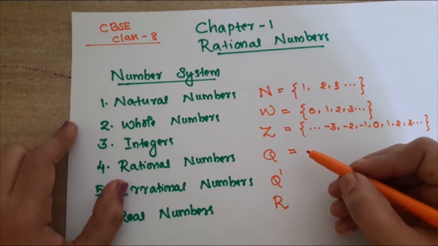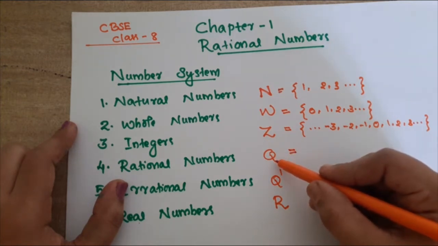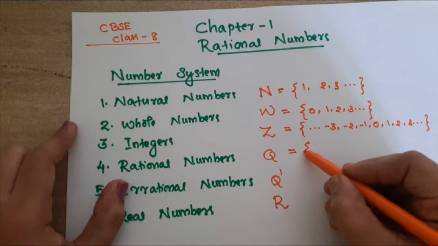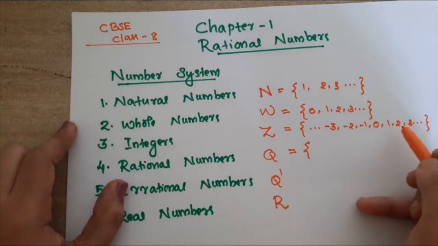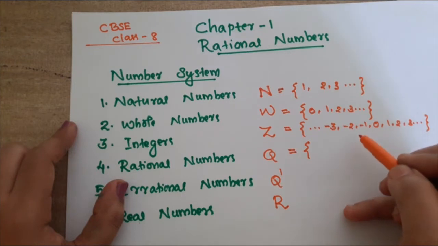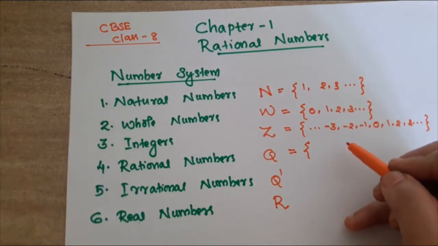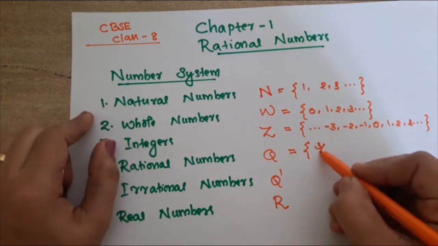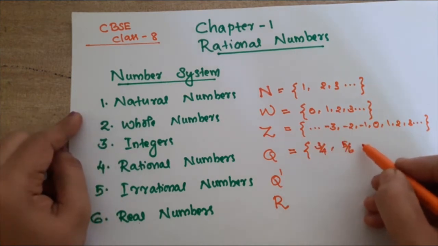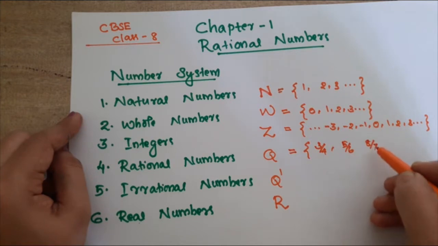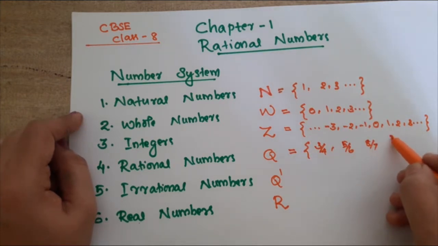Rational number is represented using the letter Q and it consists of all the integers, that is negative numbers, positive numbers and 0, plus fractional numbers also, that is 3 by 4, 5 by 6, 7 by 8, any number we can include.